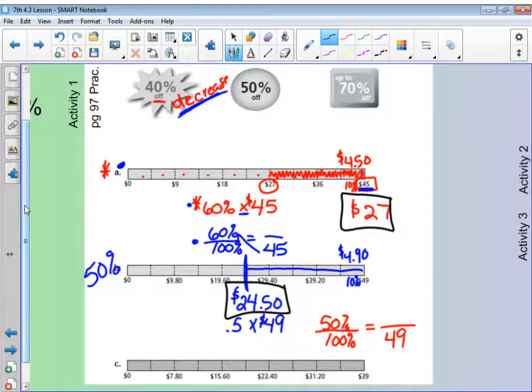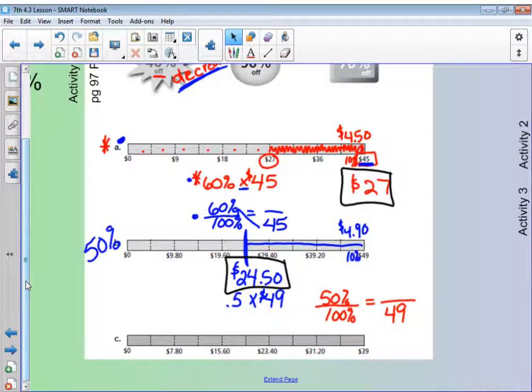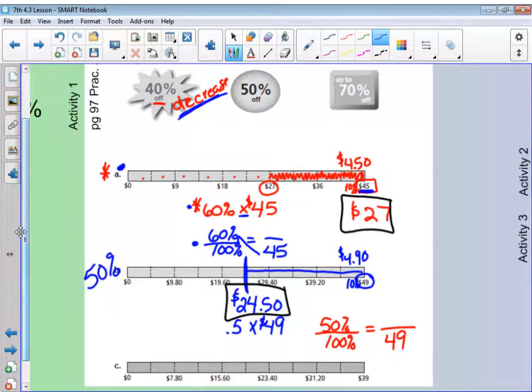Okay, you're going to do the third one, letter C, on your own. You can do any of the 3 methods that you prefer. If you want to use the little diagram they gave you, you can figure out how much each box was worth by taking the total cost divided by 10, because there were 10 boxes. Or you can set it up like we did, understanding that you're working with 70% off, so decreased 70%.